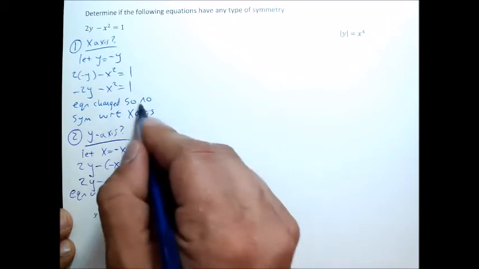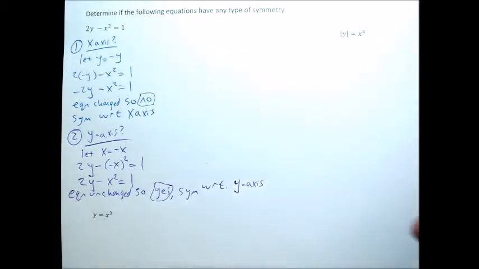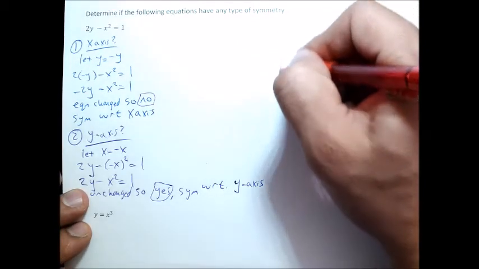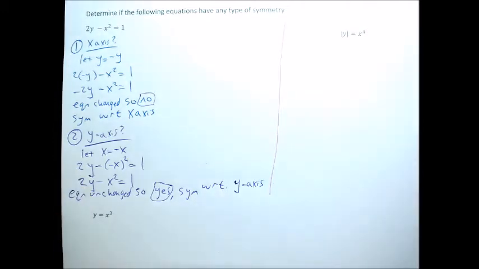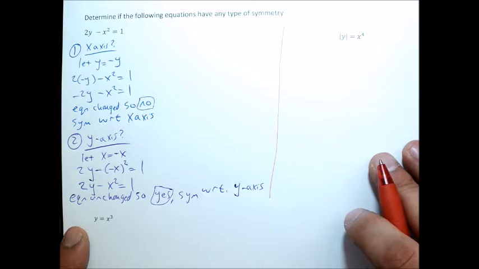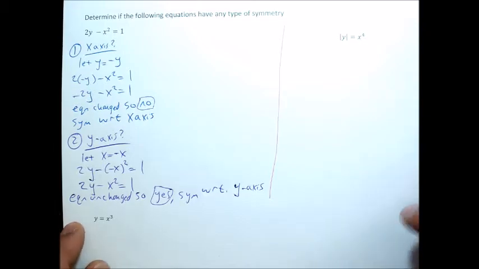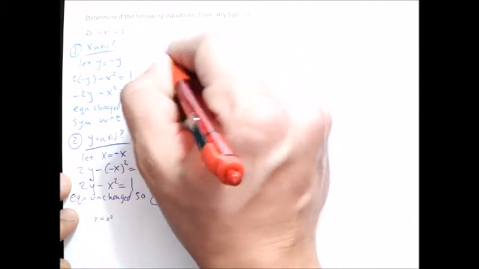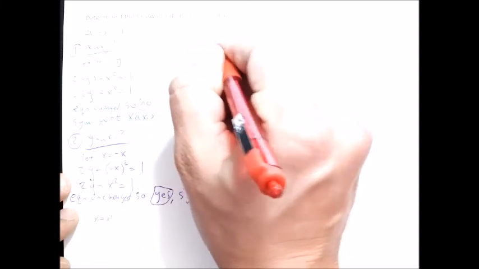So we had a yes, a no, and let's do the origin. Questions about this though, at this point? So no x-axis symmetry, yes y-axis symmetry, and let's look at origin symmetry. So origin, question mark.